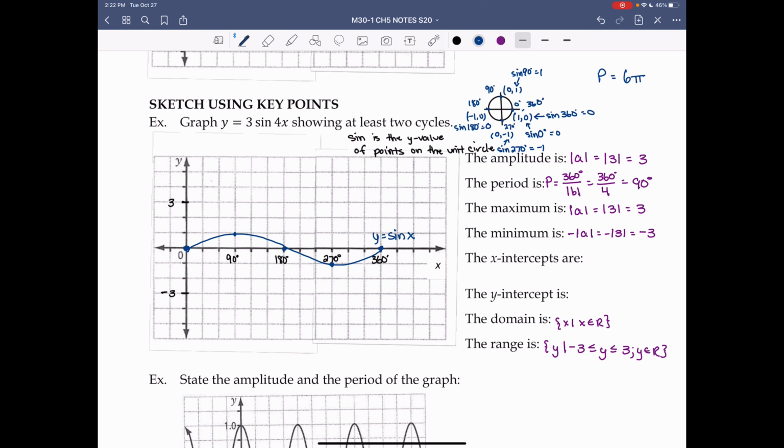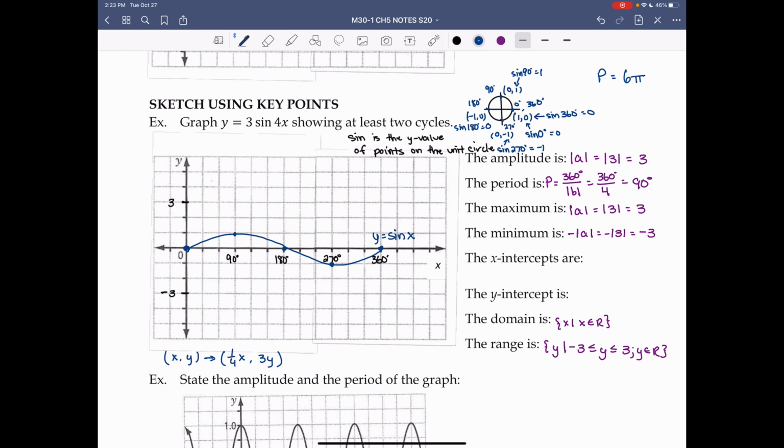Now we can use the x-intercepts and the y-intercepts of sine x to help us determine the x-intercepts and the y-intercept of 3 sine 4x. Using mapping notation, to go from sine x to 3 sine 4x, a point (x, y) on sine x would go to (1/4 x, 3y).